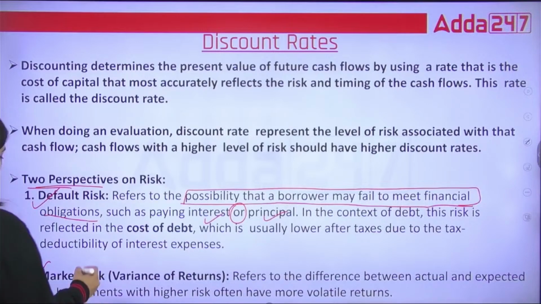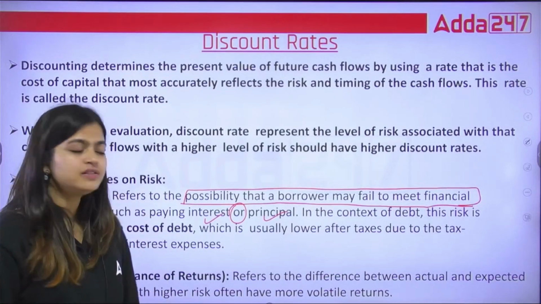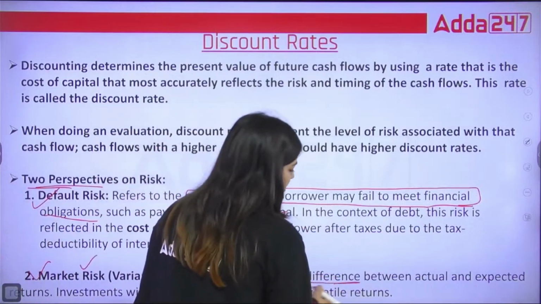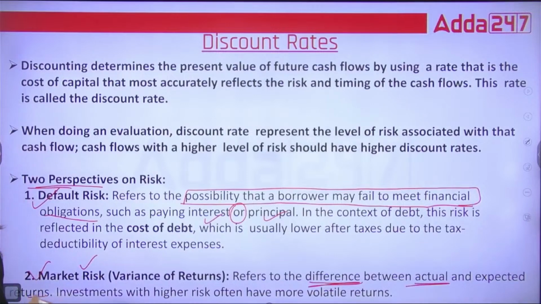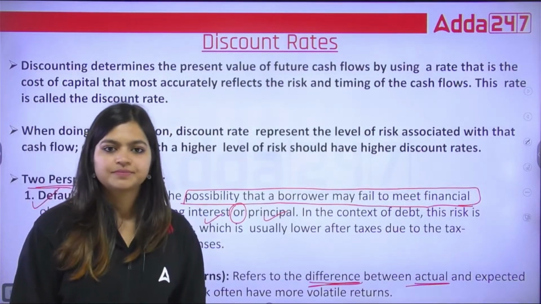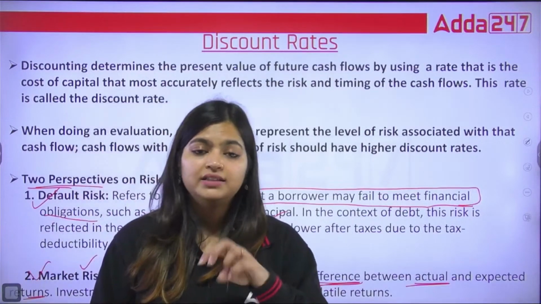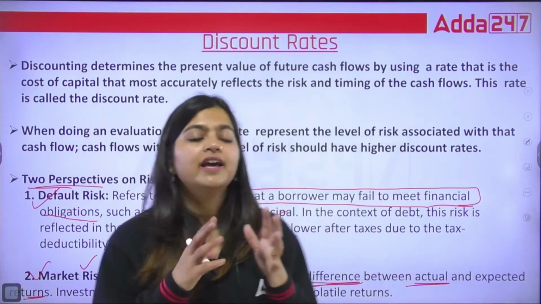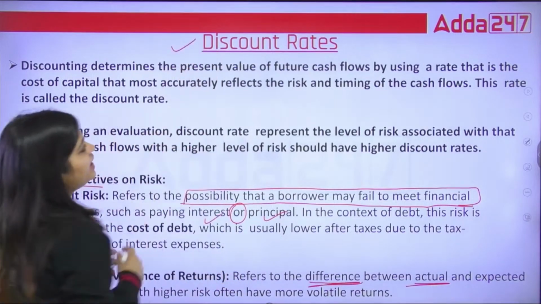Along with this, we need to use the market risk. Market risk is actually the difference between the actual and the expected returns that you are going to get. The final difference between what you expected and the actual return that you are getting is your market risk. So this is how we calculate the discount rate.